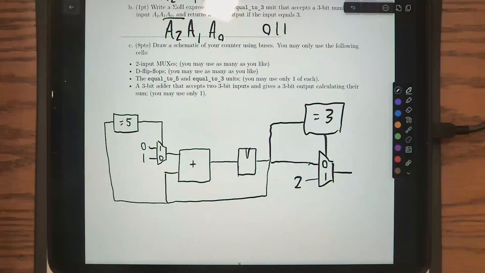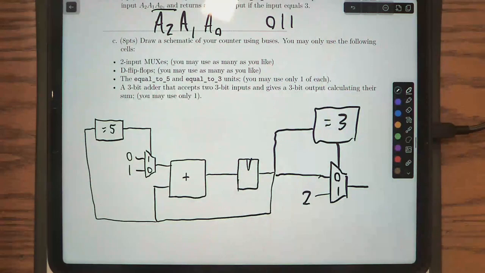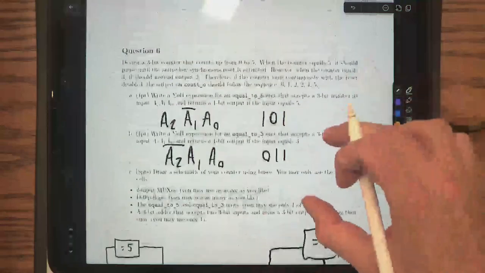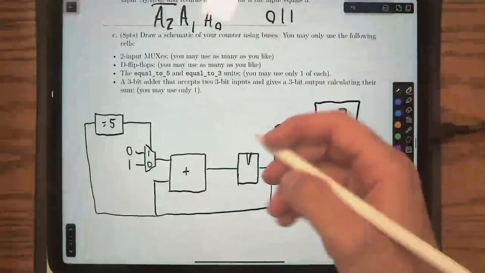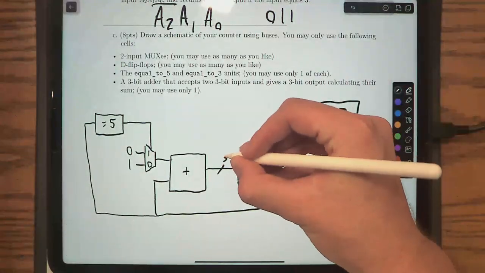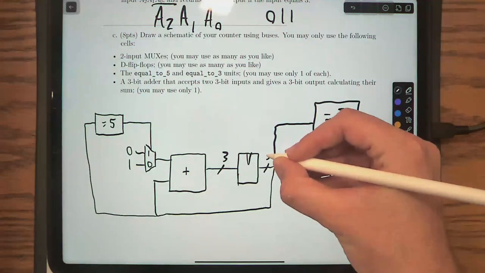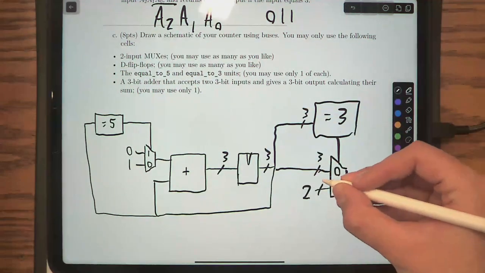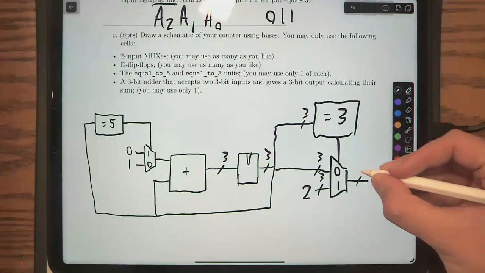Do we need to label data buses? No, you could, maybe. Up to you, if you feel like it will improve your diagram. In this case, it says that it is a 3-bit adder, so we could go and label all these: 3 bits, 3 bits, 3 bits, 3 bits, 3 bits.